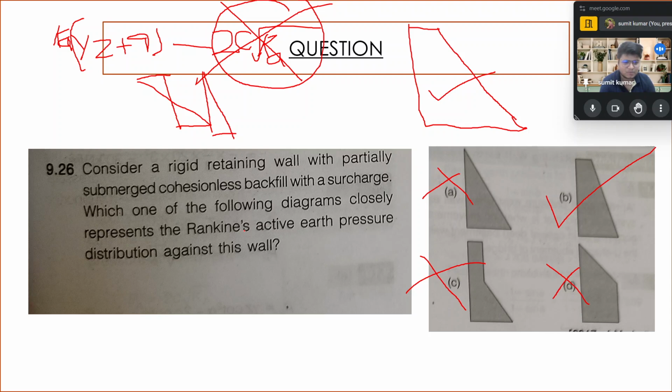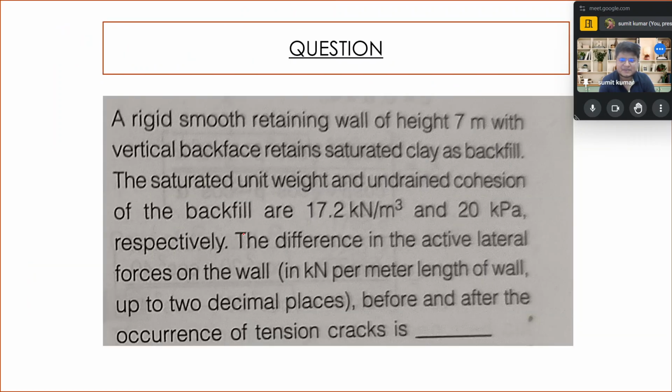I have also seen some people answering D. I don't know the thought process regarding this problem. Okay, now we have moved to our next problem. Whatever we are reading, the basic concepts and basic understanding should be clear.